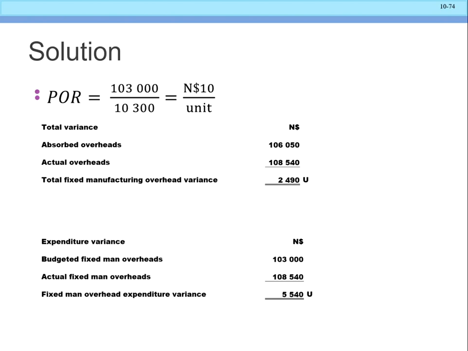So $10 per unit times 10,605 units gives us 106,050. Then the expenditure variance is simply the budgeted overheads minus the actual overheads that were incurred, which gives us 5,540, which is unfavorable because we have incurred more cost than we anticipated.